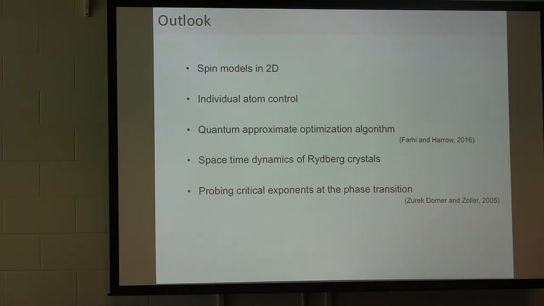So we should be able to measure this and maybe tell something about the critical exponents of the phase transition. And finally, another idea we're very excited about is investigating whether we could create entanglement in large systems by following this line of crystal superpositions.